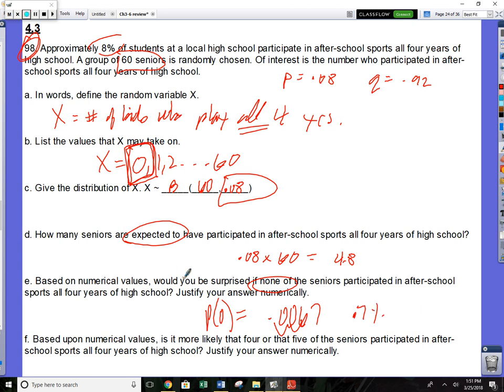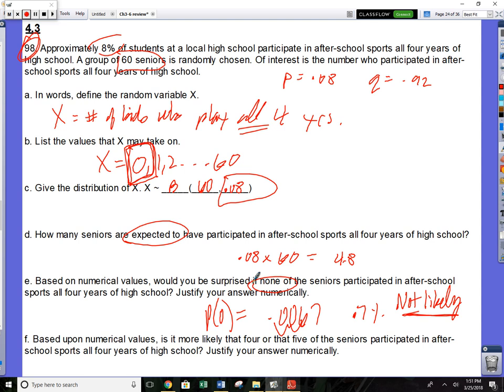So would I be surprised if none of them? Okay, this percent right here is really not likely. If I'm a betting man, I am betting that this is not going to happen, because 0.7%, that's so small. So I would be surprised, yes.